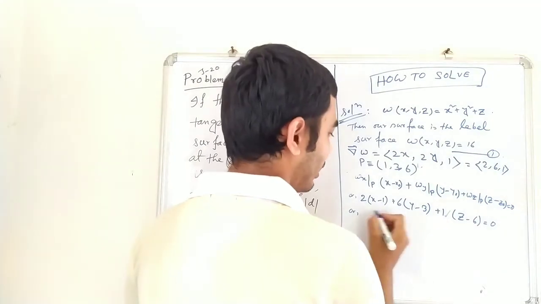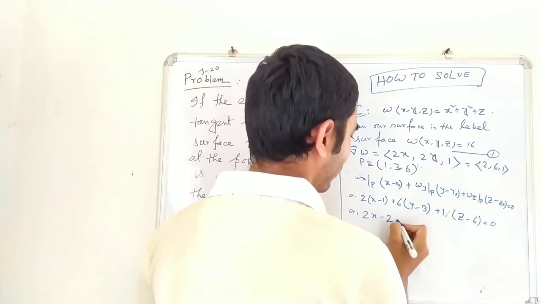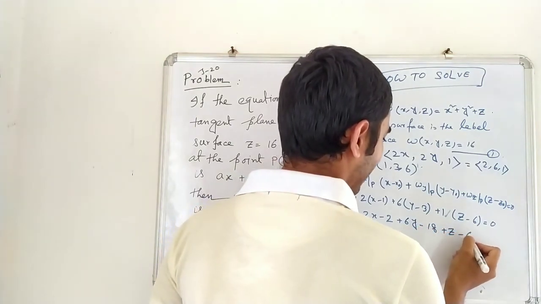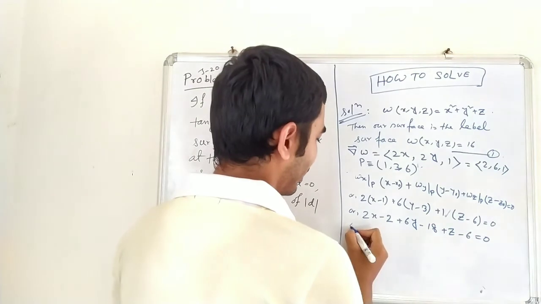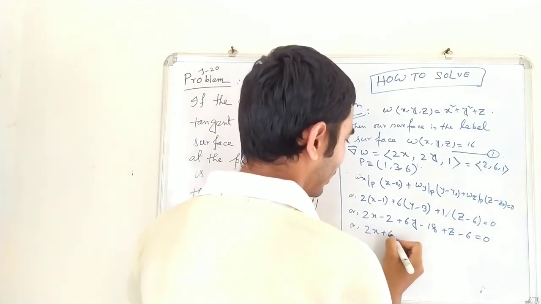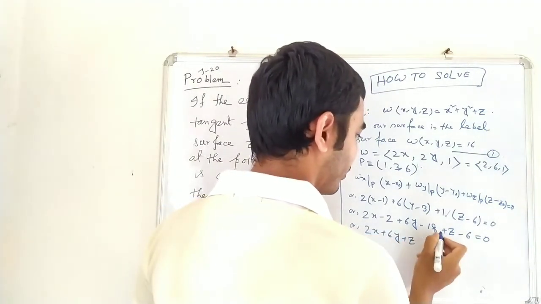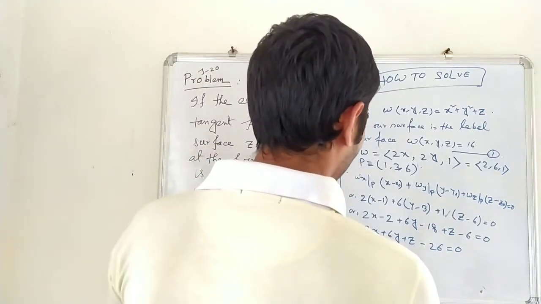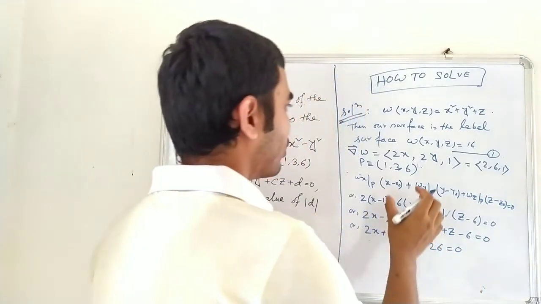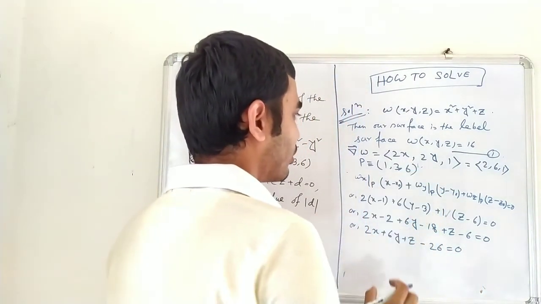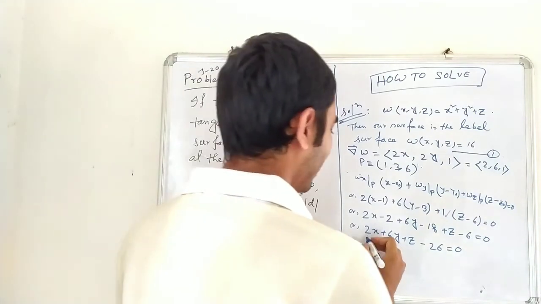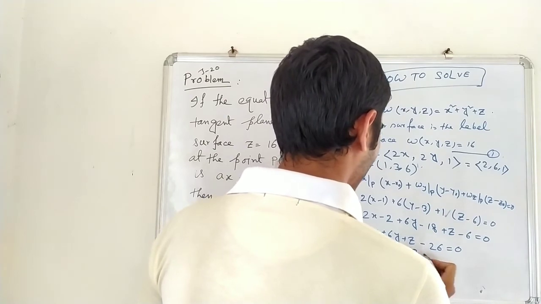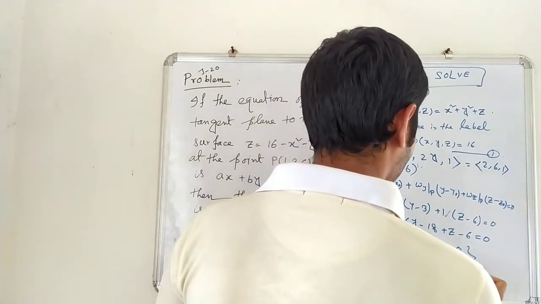Multiplying this out, we get 2x minus 2 plus 6y minus 18 plus z minus 6 equal to 0. That is 2x plus 6y plus z minus 26 equal to 0. This is the equation of the tangent plane at the point P, whose coordinates are 1, 3 and 6. Now this is of the form ax plus by plus cz plus d equal to 0.